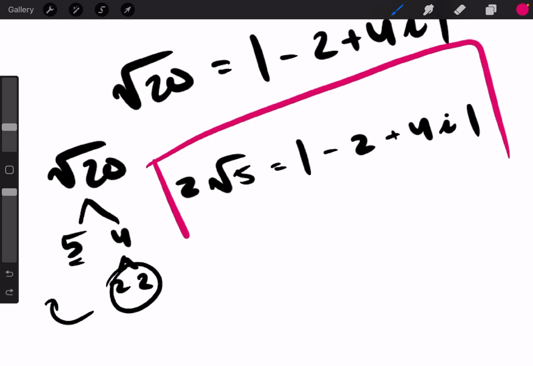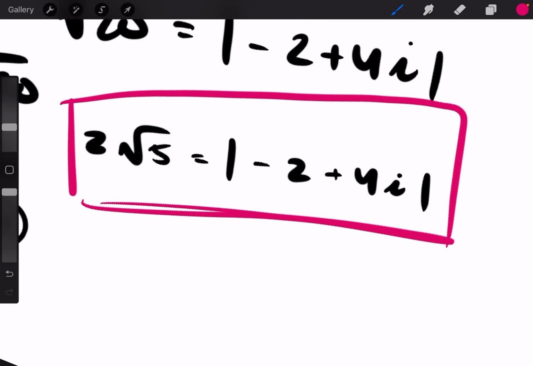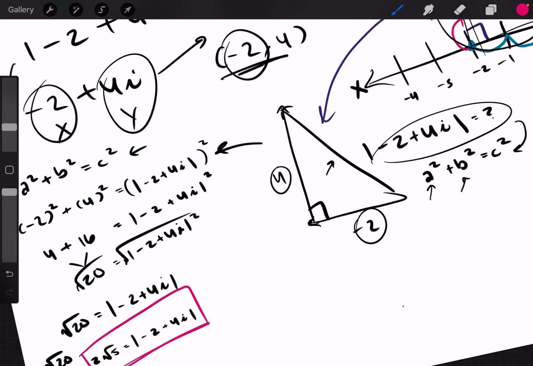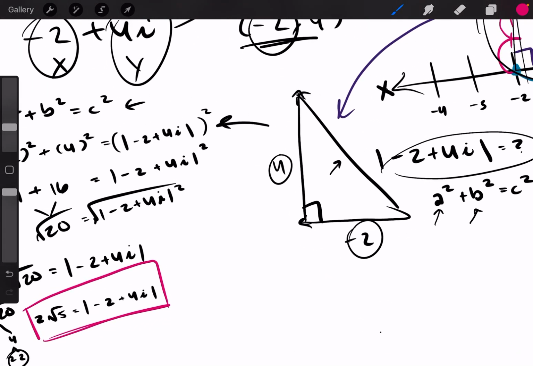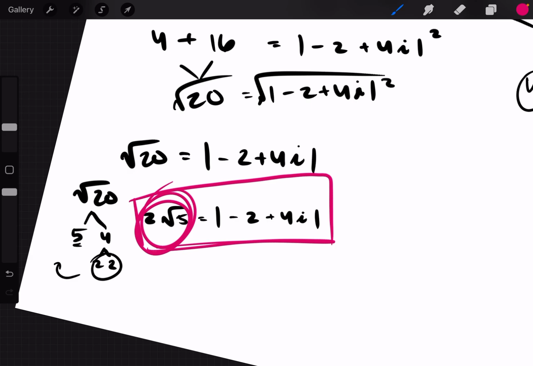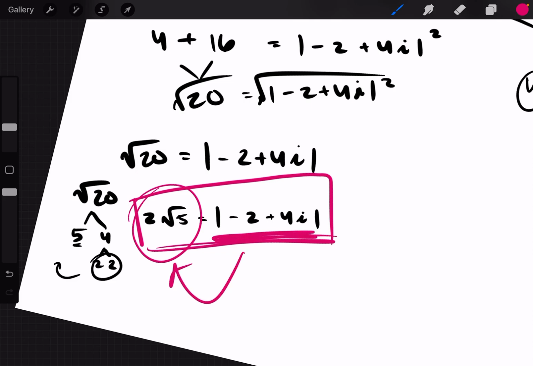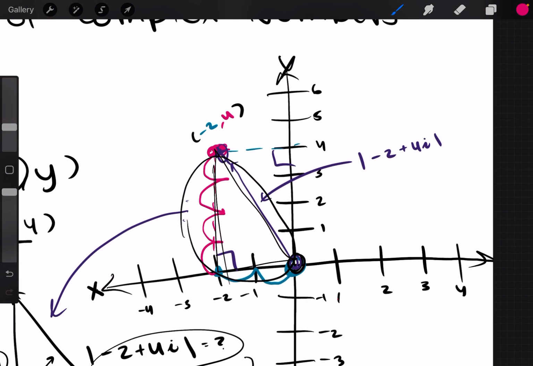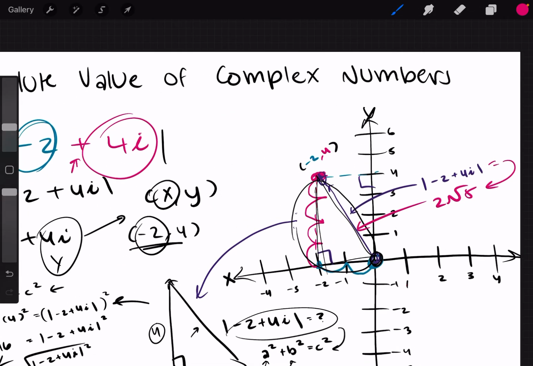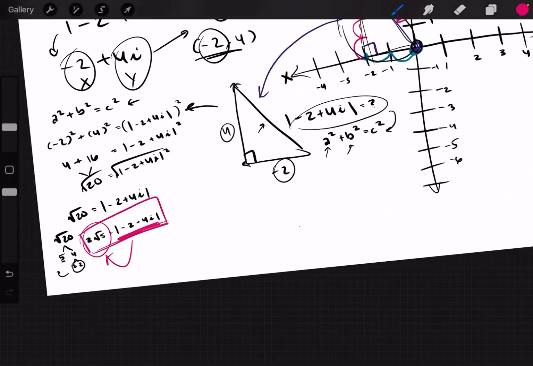This is our answer to the problem, because we're looking for what the absolute value of -2 plus 4i is, and the absolute value of the complex number is 2 radical 5. So when we're going back, now we know that this can also be 2 radical 5, because it is what it's equal to. So that is our answer.